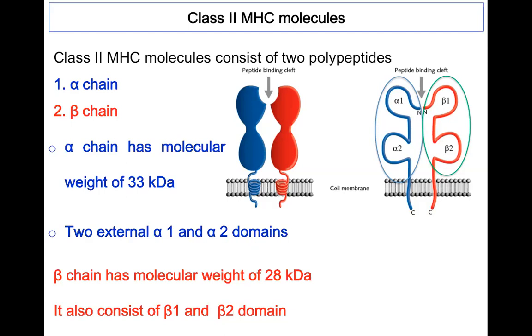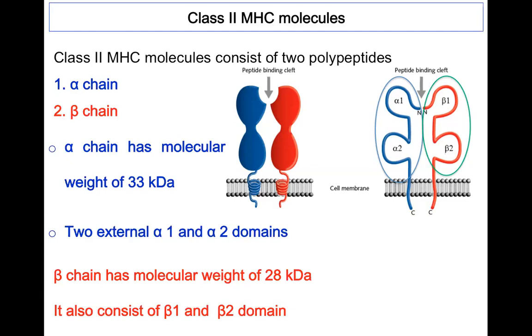This is similar in that both have two polypeptides, but there is a difference. In class 1 MHC molecules, as you have to memorize from the previous part, there is the alpha chain and beta microglobulin. In class 2 MHC molecules, there are also an alpha chain and a beta chain. The difference is that the class 1 alpha chain has three domains, while the class 2 MHC molecule alpha chain has two domains, alpha 1 and alpha 2.